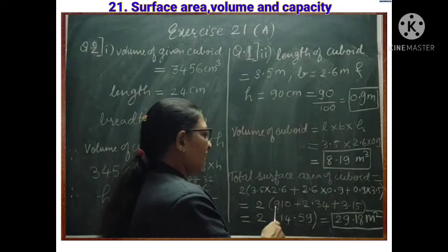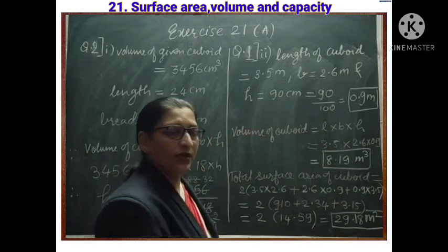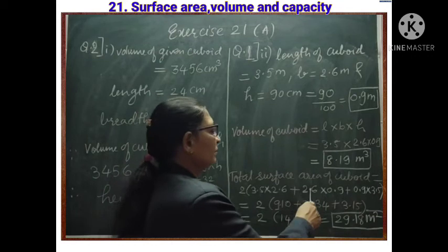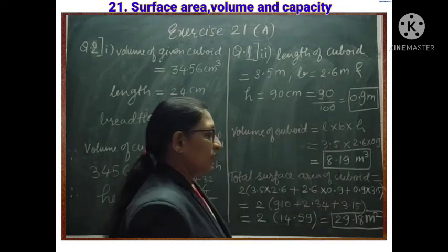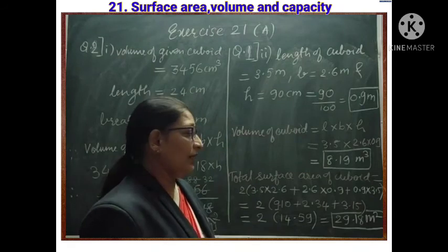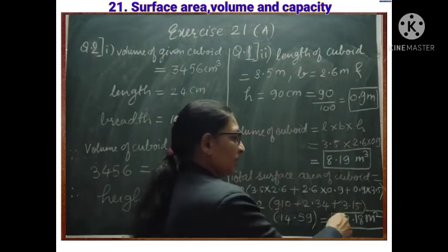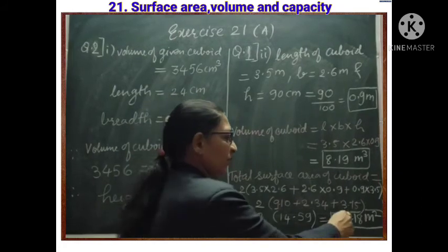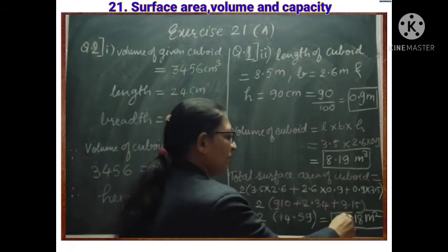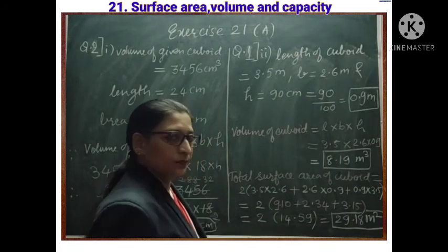The product of 3.5 and 2.6 is 9.10, plus 2.34, this is the product of 2.6 and 0.9, plus the product of 0.9 and 3.5 is 3.15, and this sum we will multiply by 2.